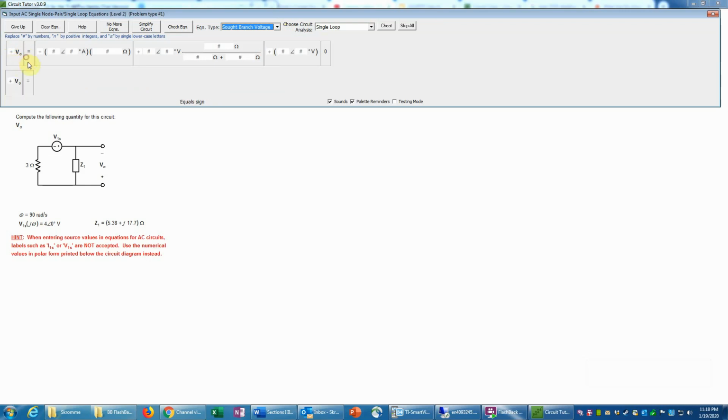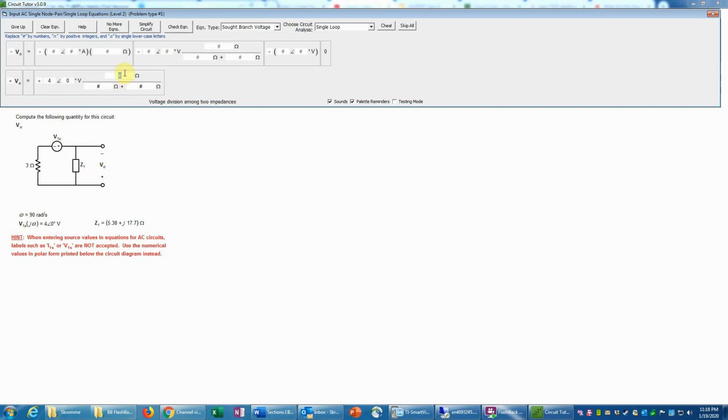So V0 equals, and now I'm going to use the simple voltage divider formula for two impedances, which is this. And now I need to put in the value of the source, which is 4 angle 0 degrees. And then I'm going to multiply that times the impedance of interest, which is Z1.